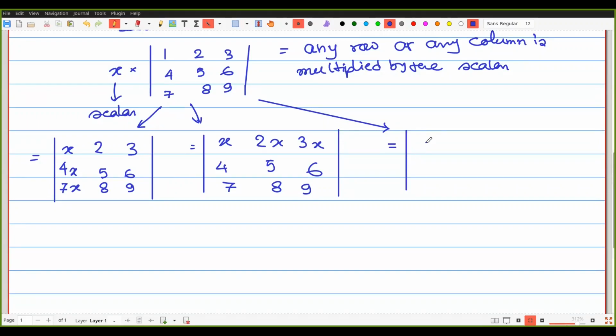Suppose the third column: 1, 4, 7 first column unaltered, second column 2, 5, 8 unaltered, third column 3x, 6x, 9x. So that may be the case for a determinant: any row or any column, but only one row or one column.